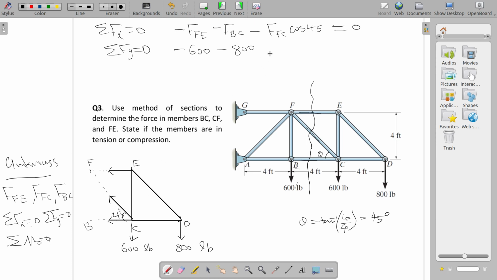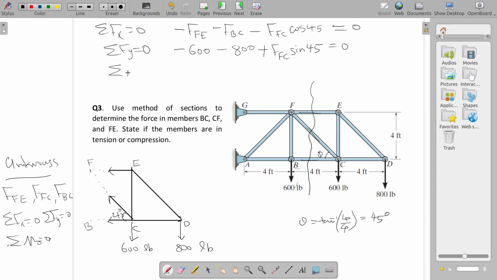And FC sin 45 will be the component of FFC in vertical direction, and that is upward, so it is positive, which is equal to 0. Now we still have 3 unknowns and 2 equations only.